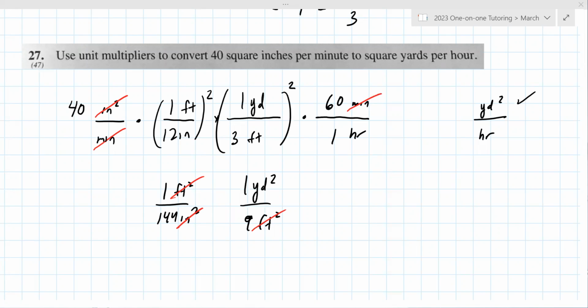So that equals basically 200 over 3 or 66.66666 on to eternity. I got something different here.